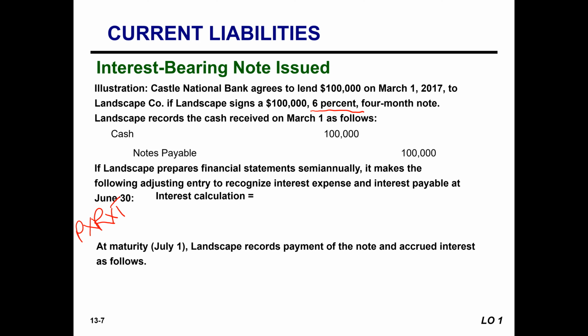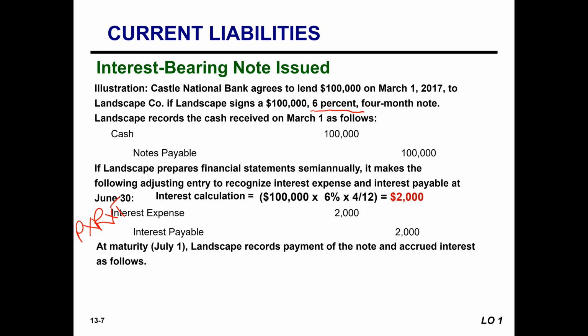So principal 100,000, rate 6%, times time. We took this note out on March 1st, and now it's June 30th, so we've incurred interest. We will have to pay interest for March, April, May, June, 4 out of 12 months, so $2,000 worth of interest. So we're debiting interest expense, crediting interest payable.